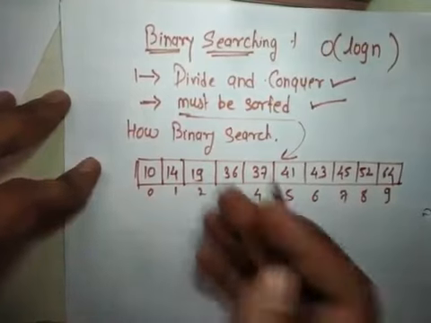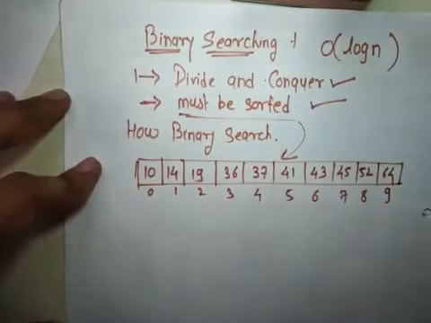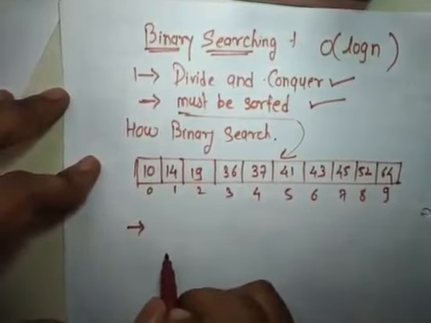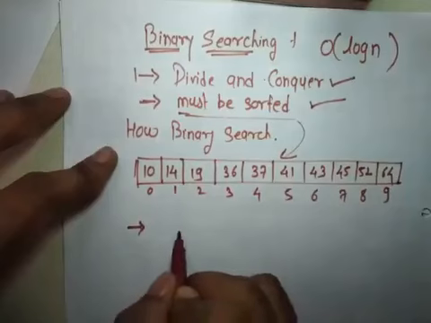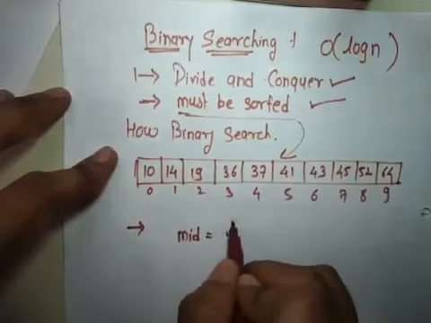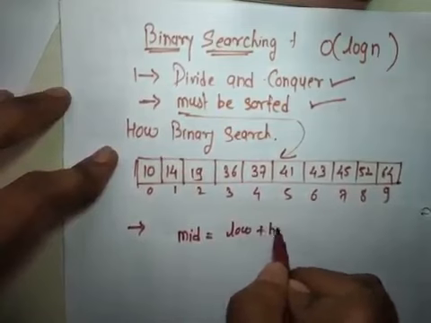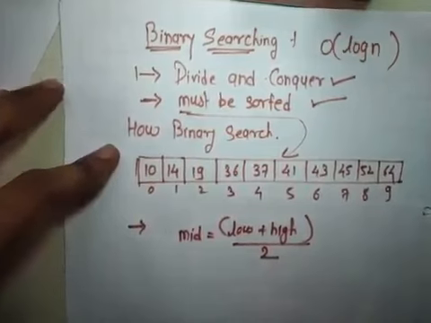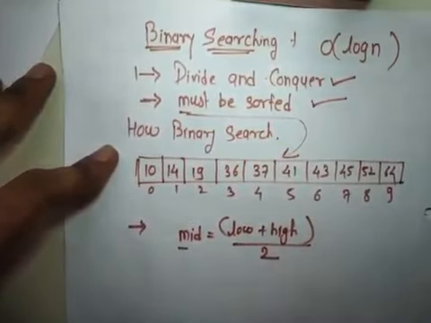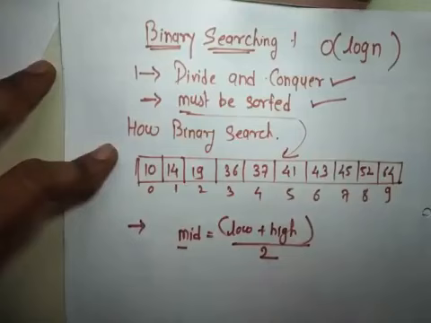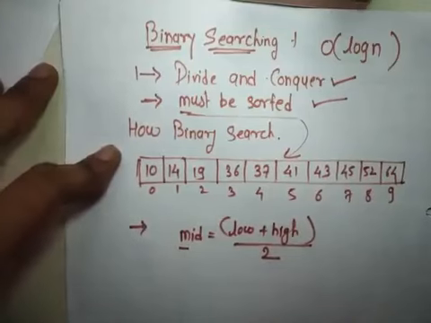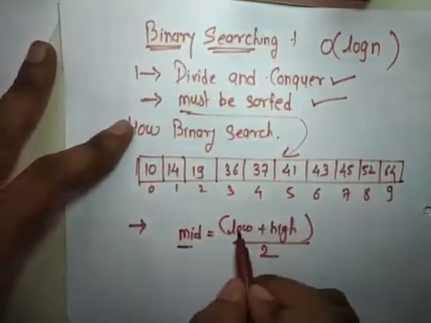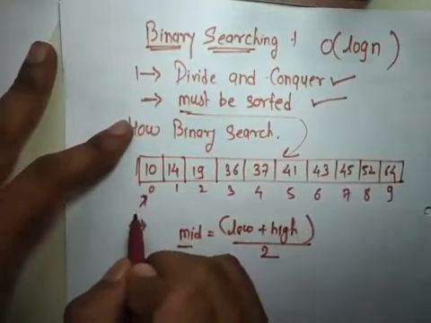this session. Now here we require one formula. That formula is mid is equal to low plus high divided by 2. Here low is the lower bound of an array.